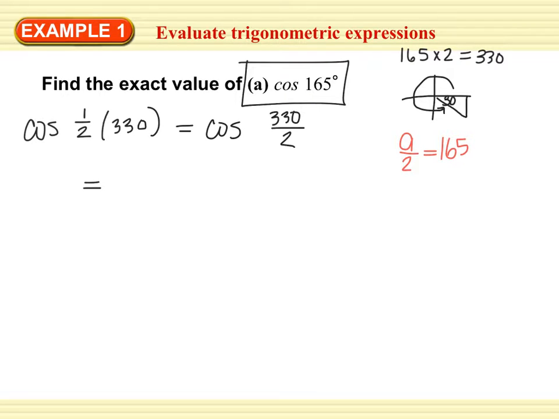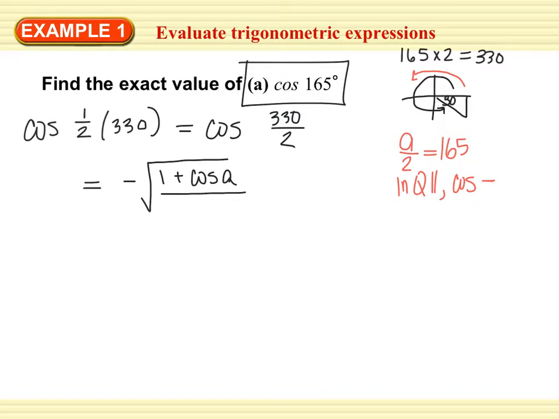This is just picking our sign. 165 degrees is over here, in quadrant 2, where cosine is negative. It's something we talk about a lot. So I'm going to use the negative square root of 1 plus cosine A over 2, where we know that A is 330 degrees.